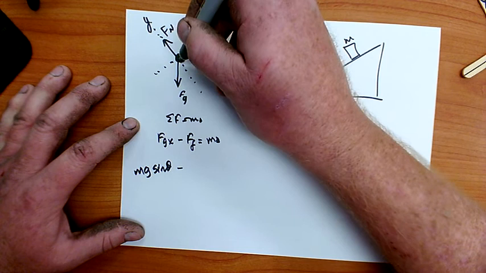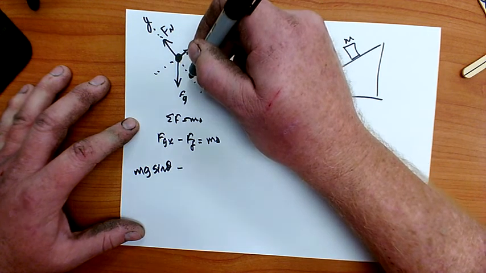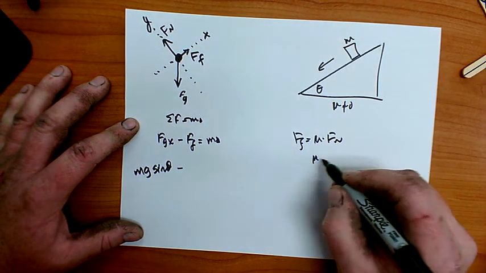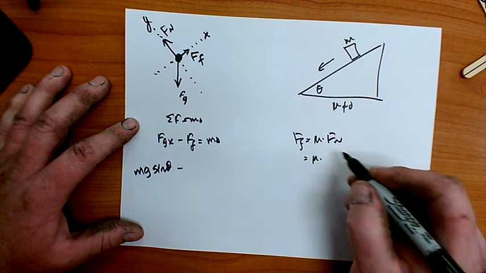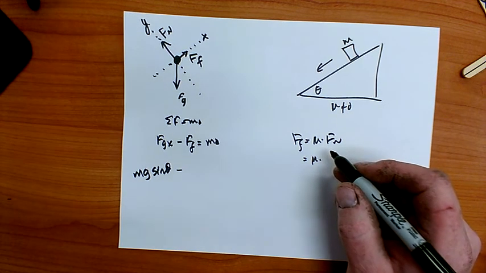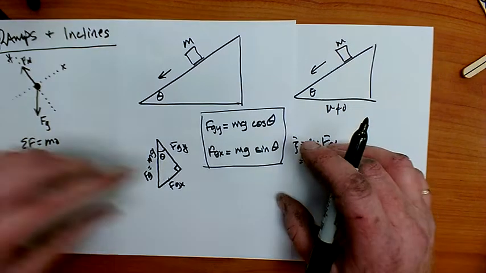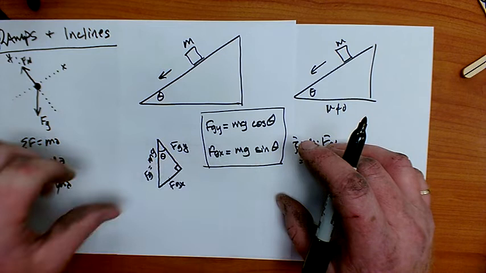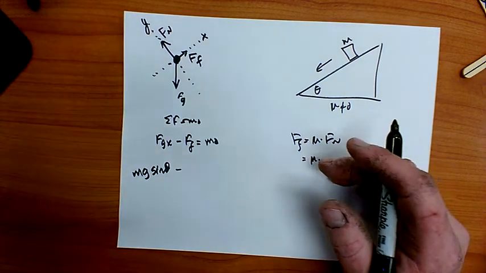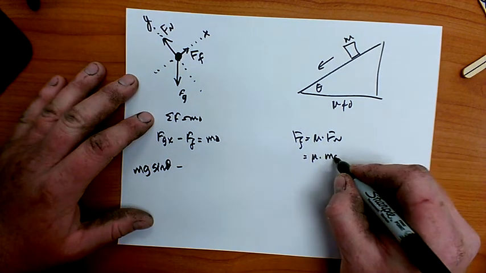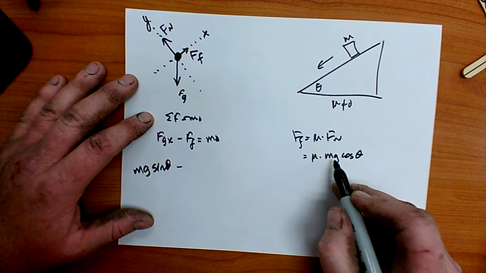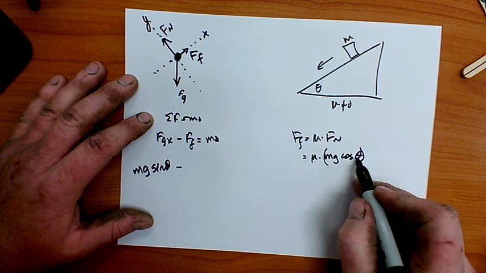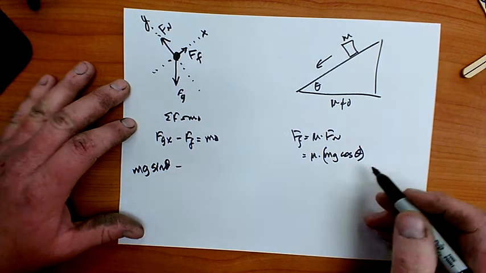So the normal force is going to be balanced by FGY. So mu times the normal is mu times FGY. And if we recall from before, FGY is equal to mg cosine theta. So I can replace the normal force with mg cosine theta, because in this case the normal force is equal to FGY.